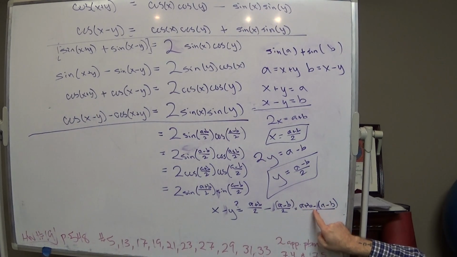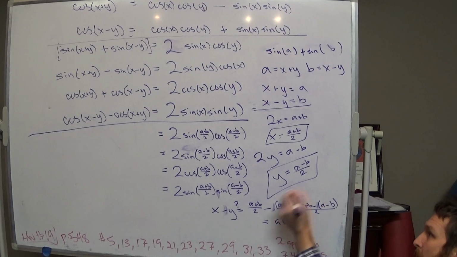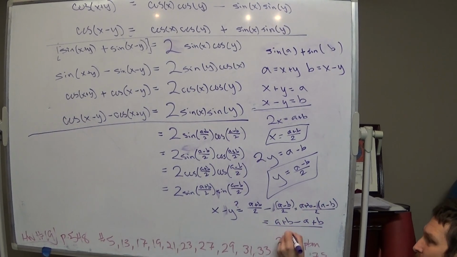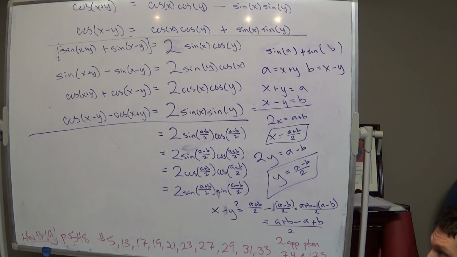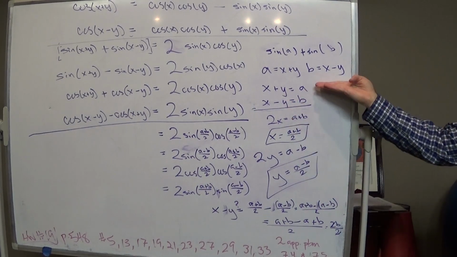I subtract that. So now I have a plus b minus a minus minus is plus b all over 2. The a's are gone. I got 2 b's over 2. It's just b.